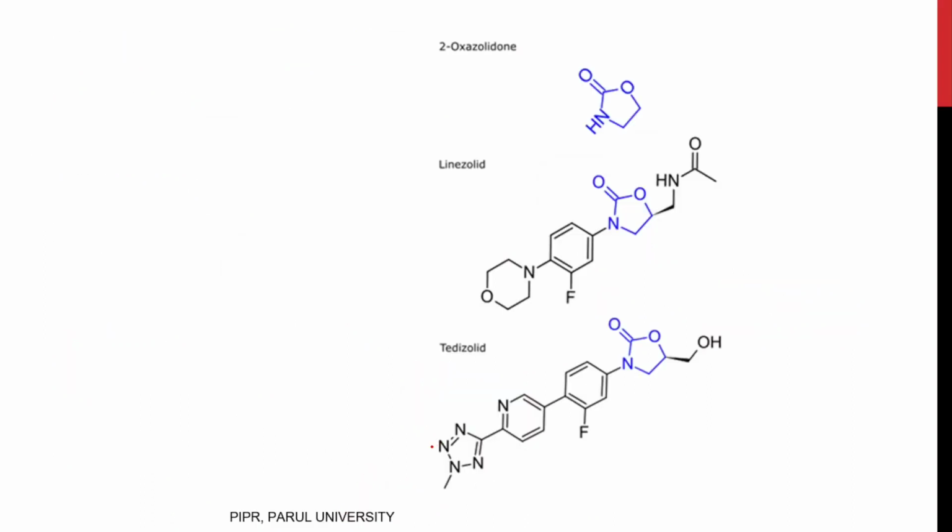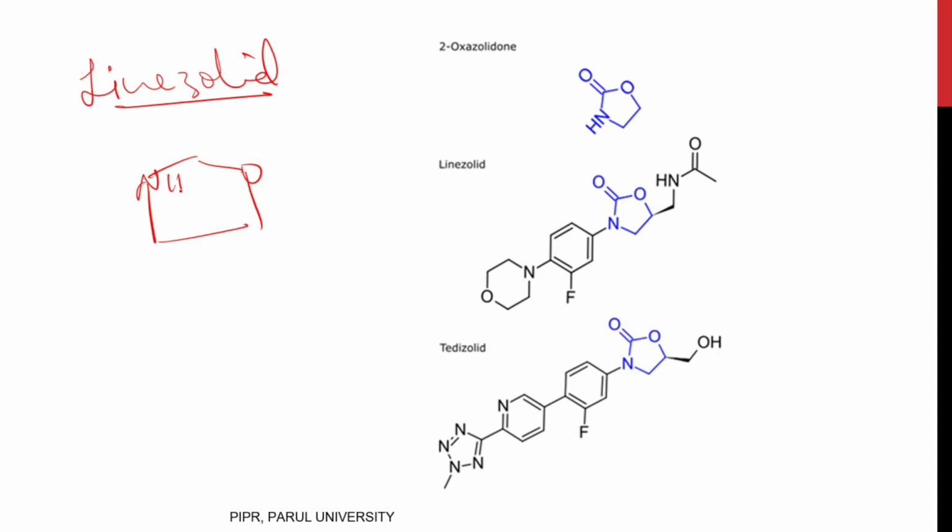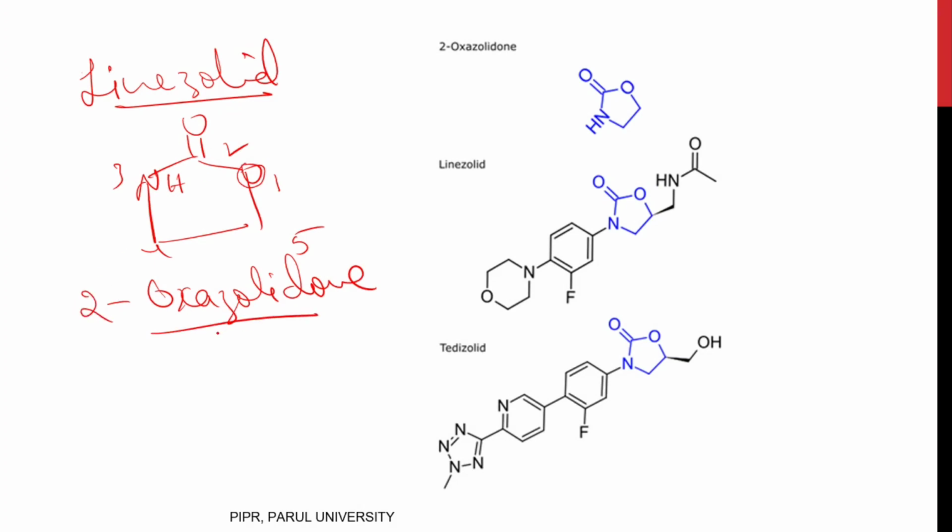Now let us see the chemical structure of linezolid particularly, because in this lecture we will discuss only linezolid. To understand linezolid, just imagine this is the structure of oxazolidone. If we see the numbering, this is number 1, 2, 3, 4, and 5. In the oxazolidone, on the first position oxygen is there, and on the second position, another oxygen is there. Due to the presence of oxygen on the second position, it is called 2-oxazolidone.